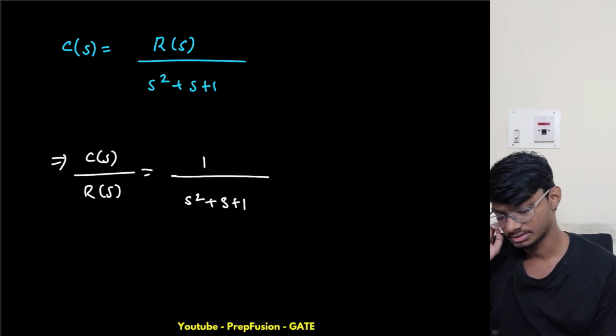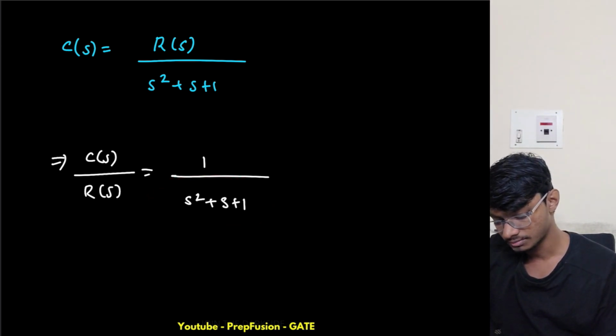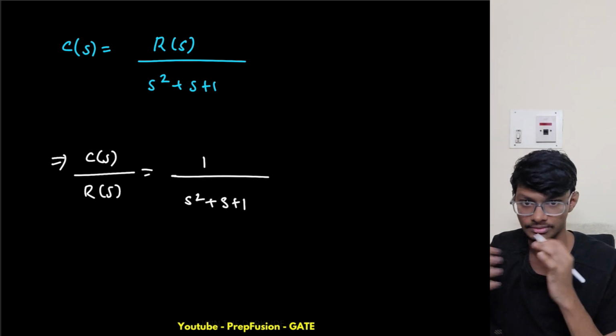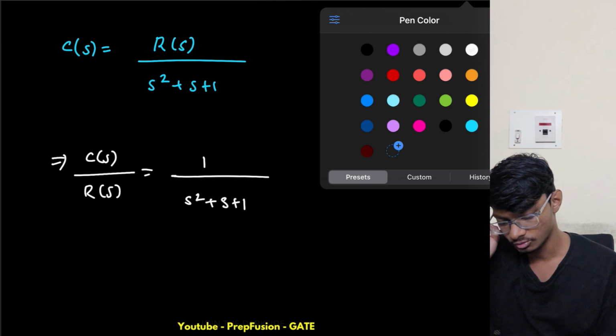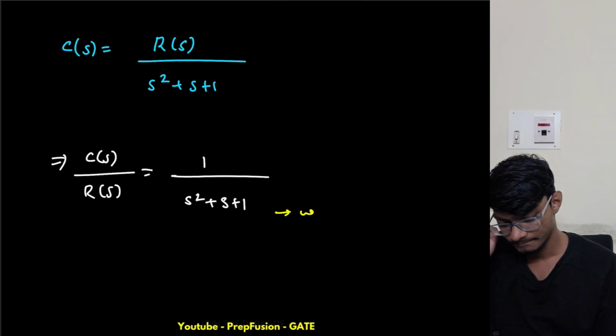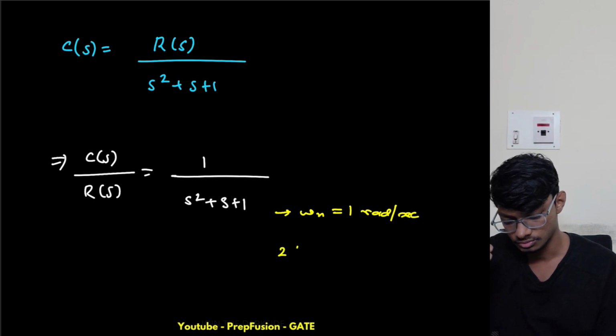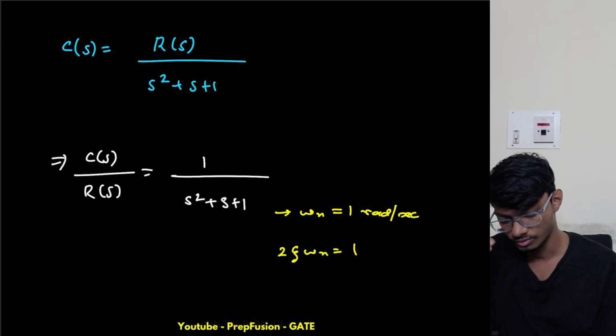Is this familiar? What I can observe here is that this is a second order system, so there will be some damping involved. My omega n is 1 radian per second. And what is zeta? 2 zeta omega n equals 1, and zeta equals 1 by 2.